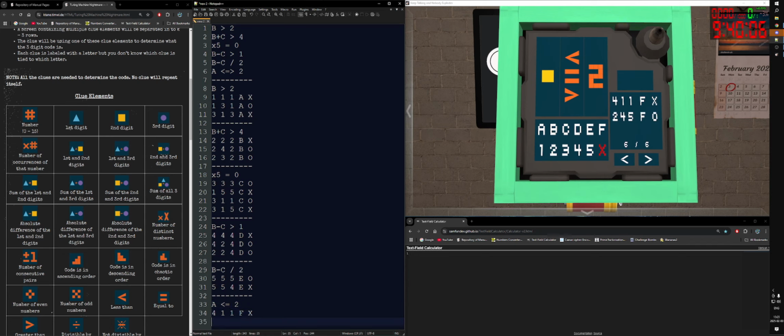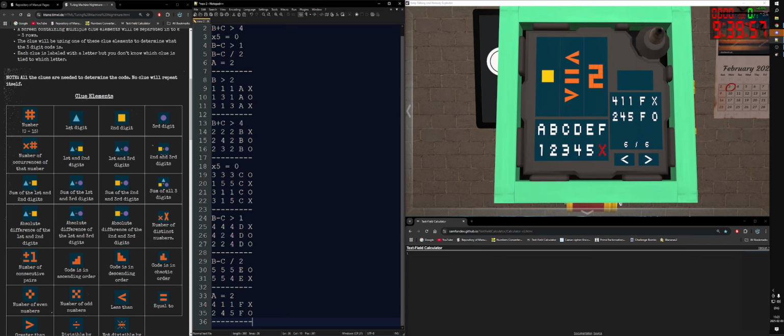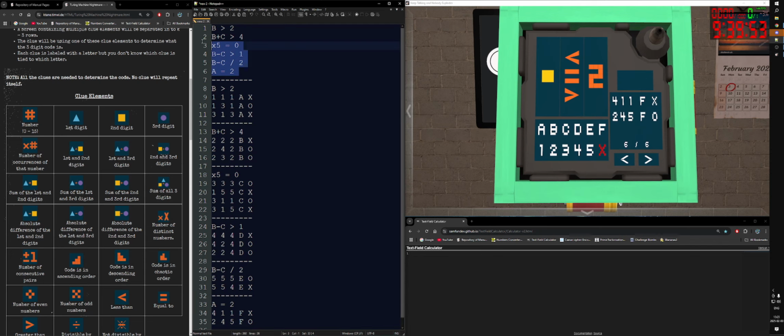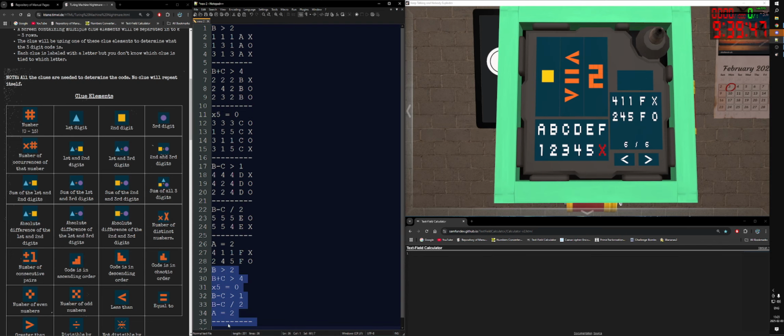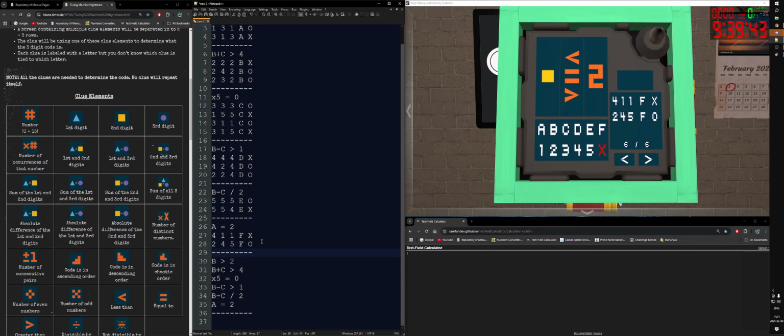It is equal to 2, because that's resulting in true. So, now we have 6 clues. Which I'll just move down to here. There you go.